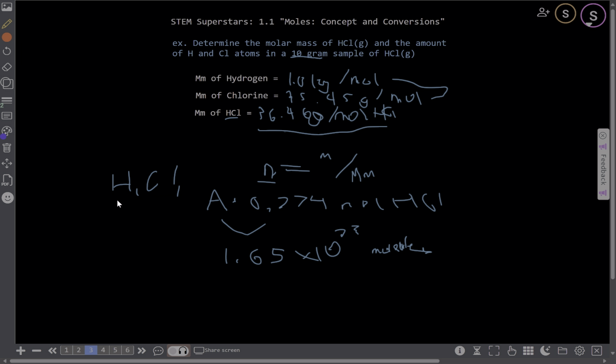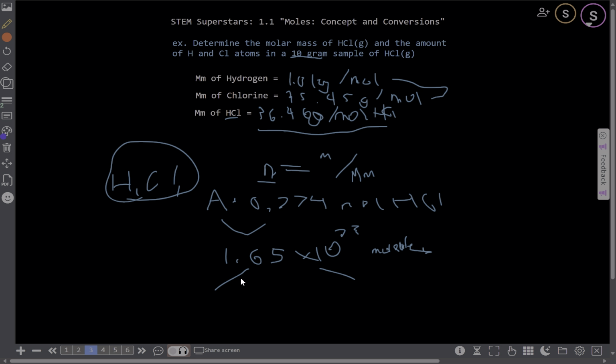So, as we previously established when we looked at the chemical formula for hydrogen chloride, we have one atom of hydrogen and one atom of chlorine in each molecule, meaning that we have to multiply this number by 1, or just not multiply it at all, because since we have our amount of molecules, now we can determine the amount of atoms of each part of the sample.